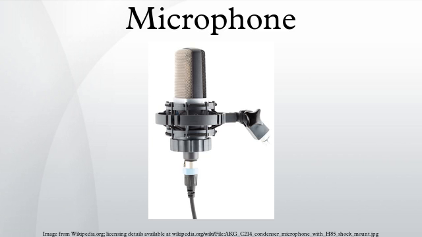Bidirectional, or figure-8, microphones receive sound equally from both the front and back of the element. Most ribbon microphones are of this pattern. In principle, they do not respond to sound pressure at all, only to the change in pressure between front and back. Since sound arriving from the side reaches front and back equally, there is no difference in pressure and therefore no sensitivity to sound from that direction.